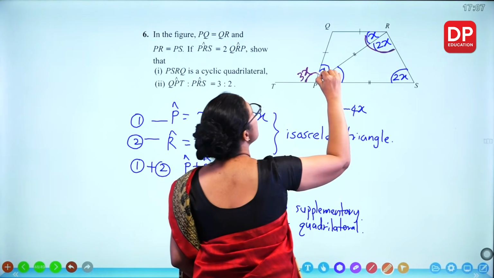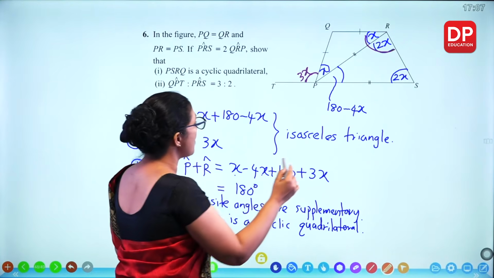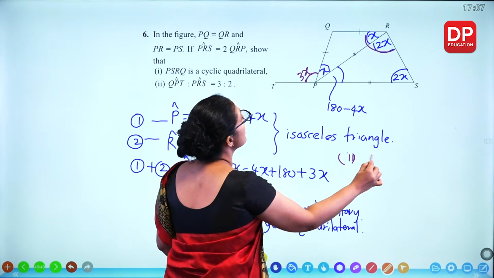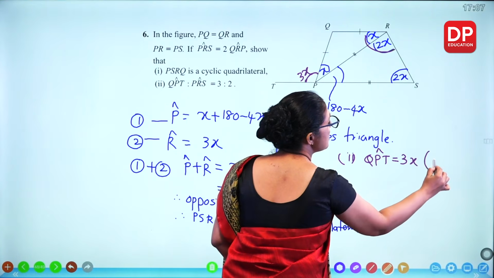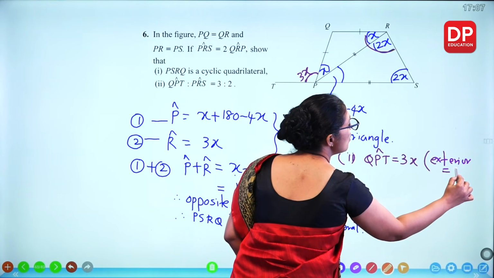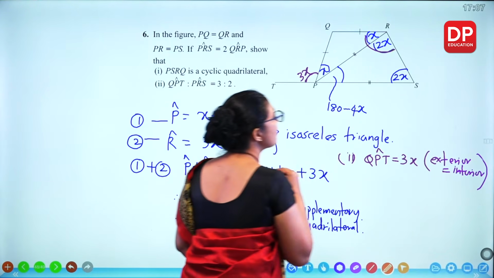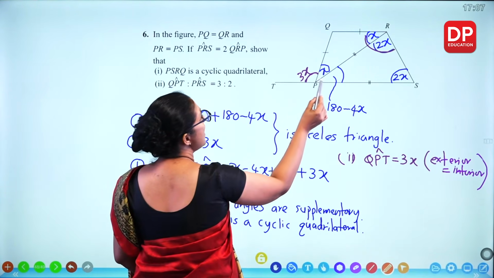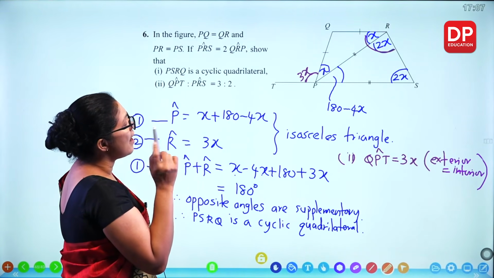This angle and this angle both are equal. So I can write, this is part 2, QPT angle is 3x. That means the exterior angle is equal to the interior opposite angle. And we need PRS. PRS is 2x.